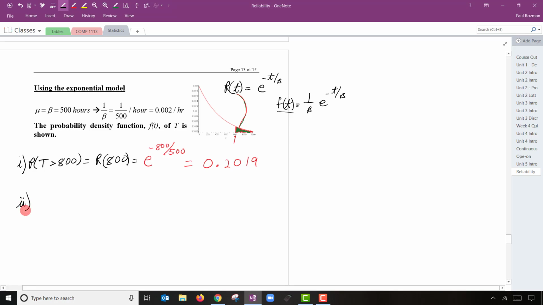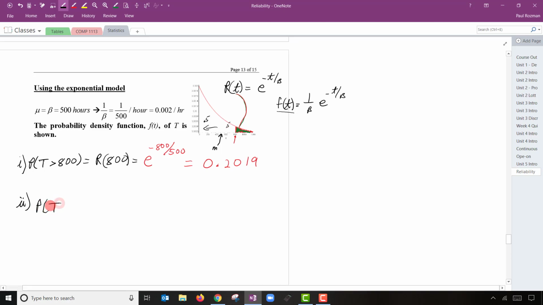Let's try to figure out where the median of that thing is. Let's call it M for median. At some point here, there's a median where 50% are below and 50% are above. We want to find that spot.